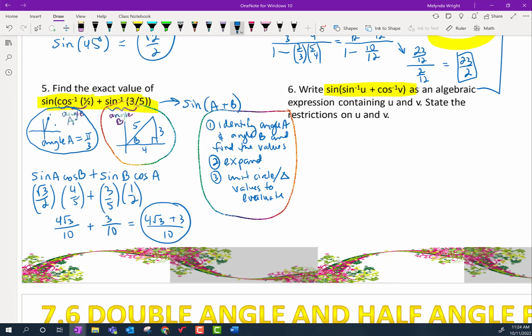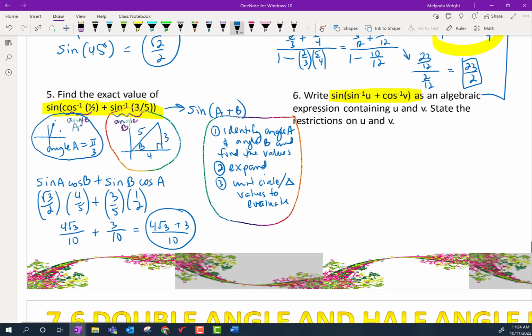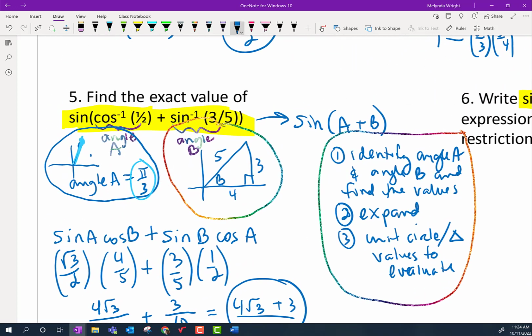Okay, how are we doing? Can you explain how you found cosine of angle A? Sure. So what I did is I identified where angle A is. Here's angle A. It's this pi over 3. And I need to think to myself, what would x be? And we can go back to our unit circle values. So let me write our unit circle values up here.